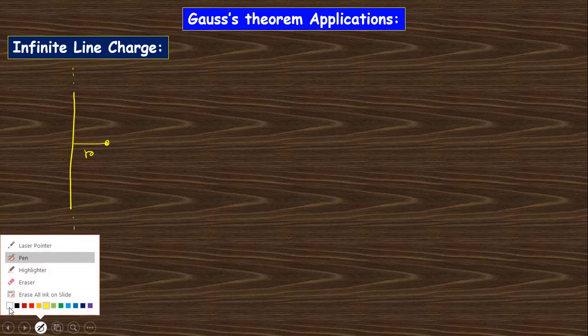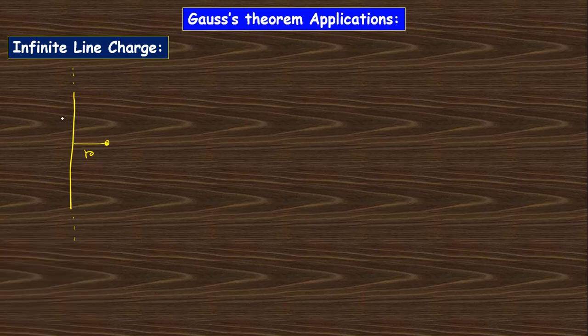For using Gauss theorem, you need a Gaussian surface, which can be real or imaginary. We take an imaginary surface within which this point must lie. This is the Gaussian surface.